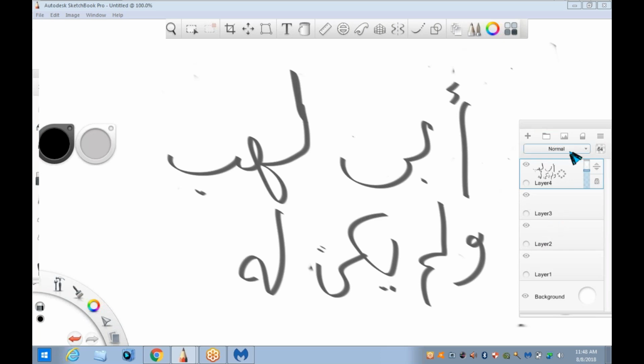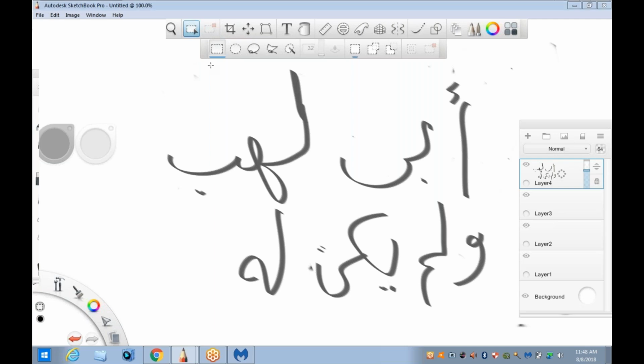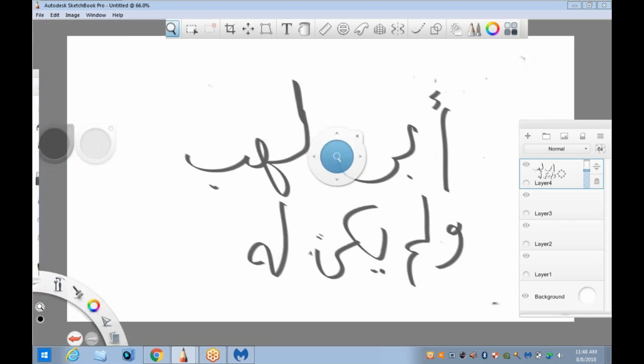I'm having a problem with the screen here. Tayyib, today, barakallahu fikum, we want to go into the ain. Today we want to go to the ain.